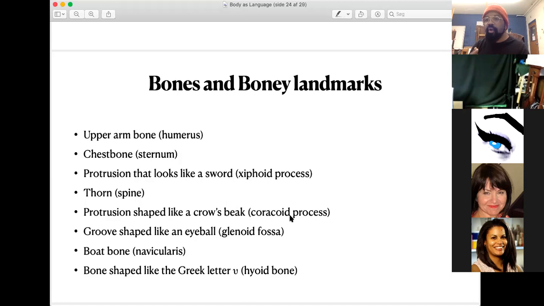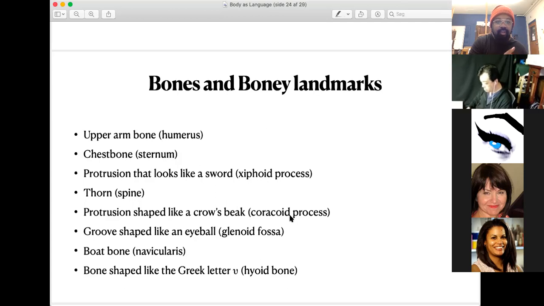How do I go about rendering the spine? I don't think about spine as a concept. I start to think of thorn as a concept. And when I start to reduce and think about the spine going down the back in terms of little thorns, that creates a really lively way of activating that back.